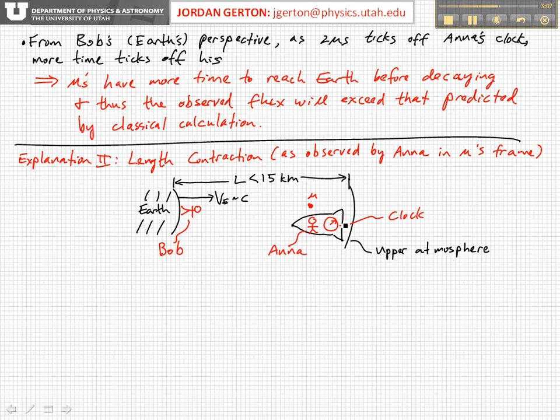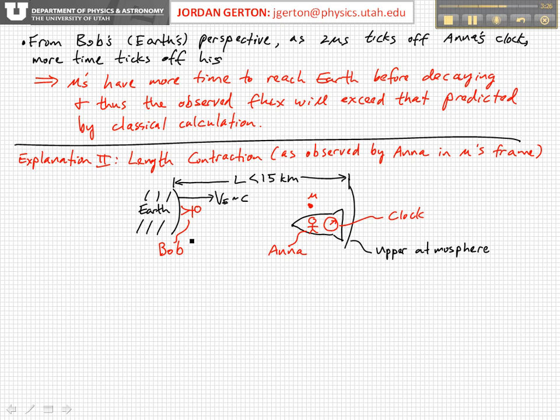Again she has her clock in her rocket, but now in her rest frame she's stationary, and from her perspective the Earth and Bob are rushing towards her with a velocity that's very close to the speed of light.